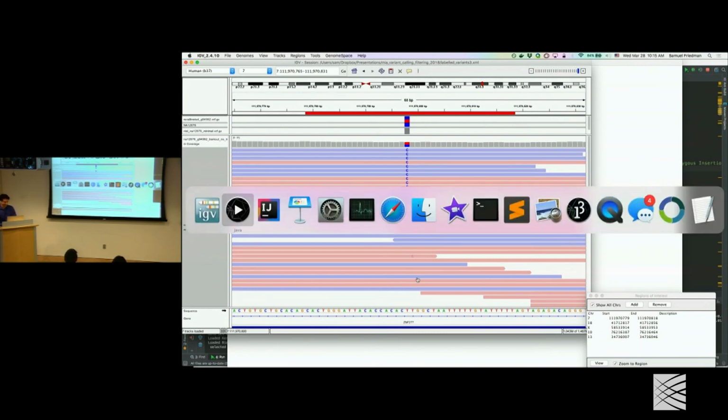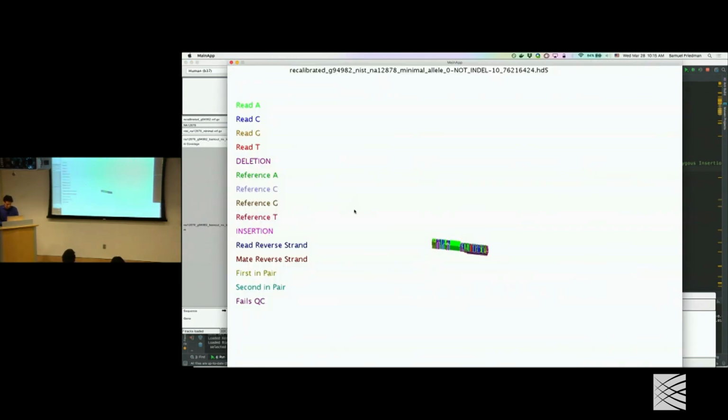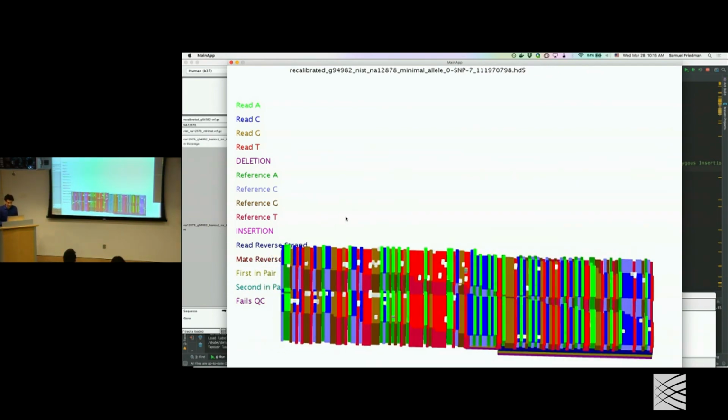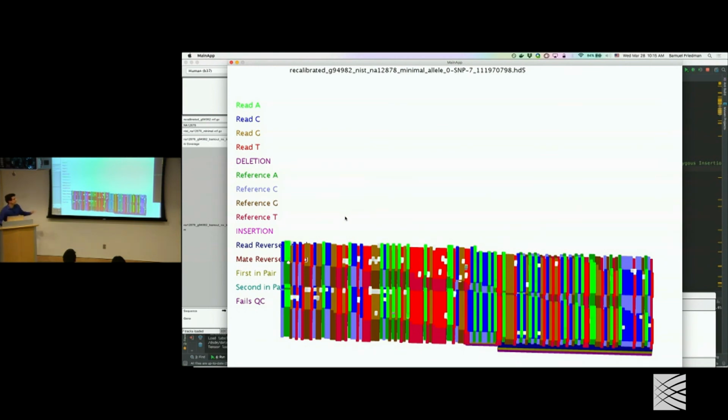And so now let's just do that a million more times and we're done, right? So, okay, because we're going to be looking at these later, I want to get you used to it. Now, this is the same exact site, chromosome 7, position 1119, blah, blah, blah. This is the same site, okay? But displayed as a numeric tensor.